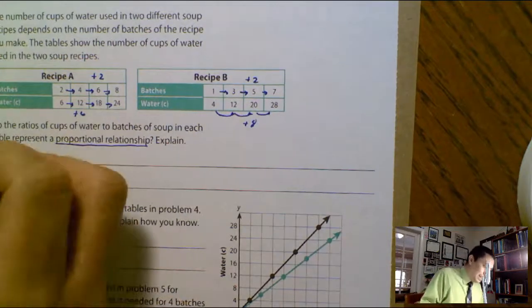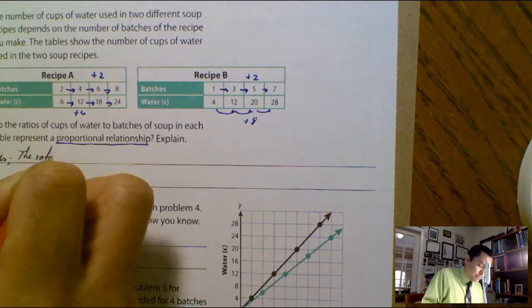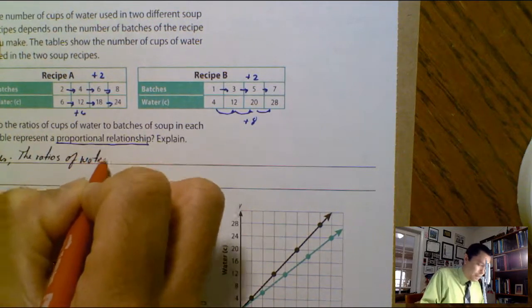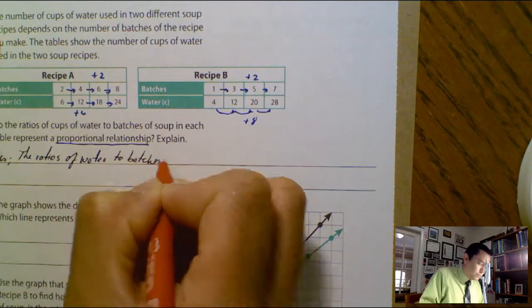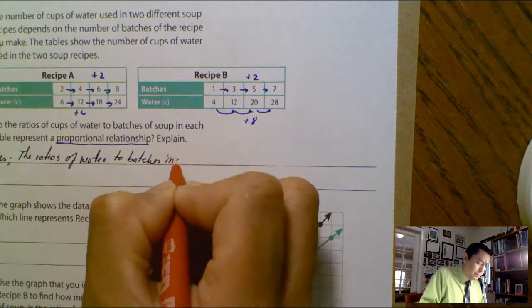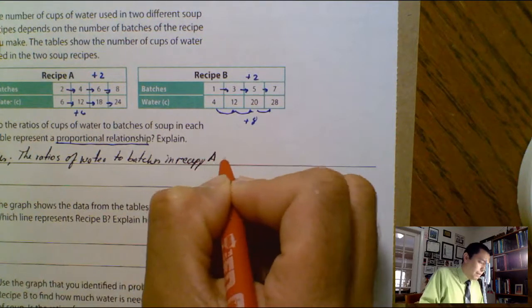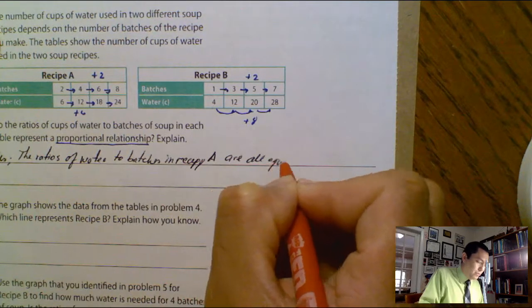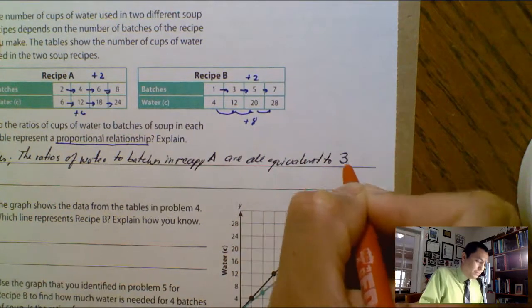So in this case, yes, the ratios of water to batches in recipe A are all equivalent to 3.